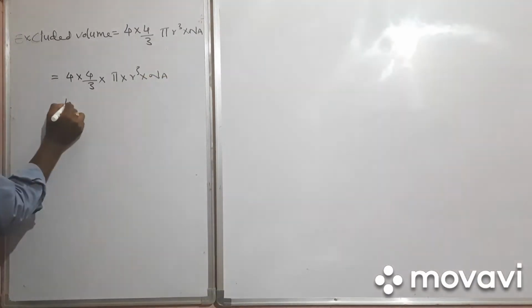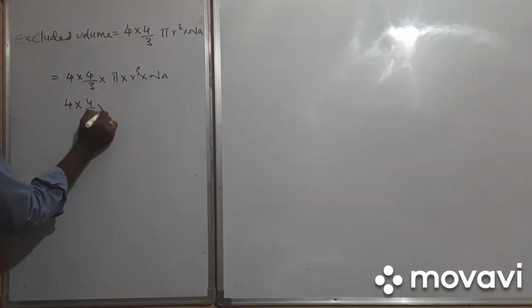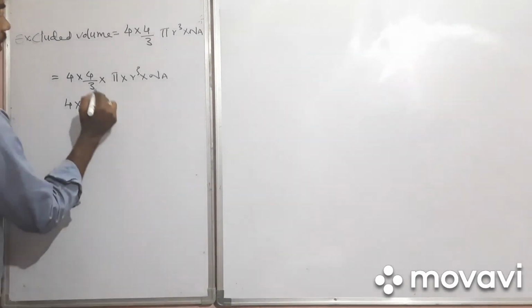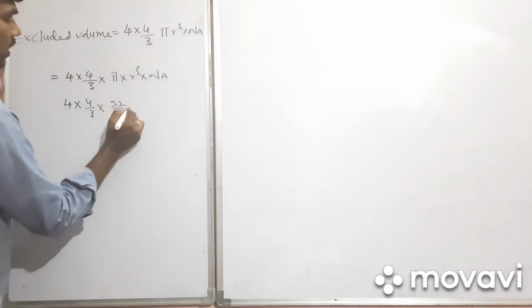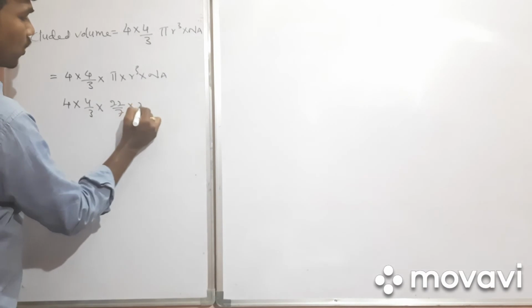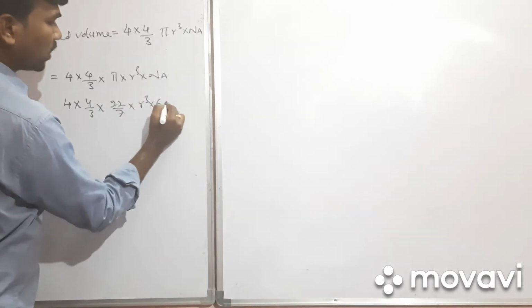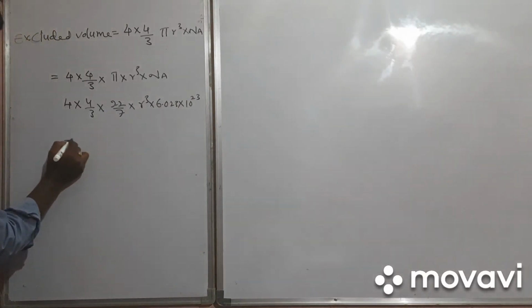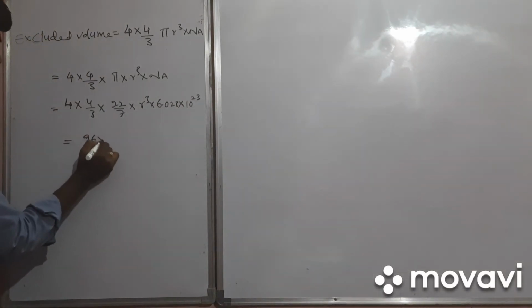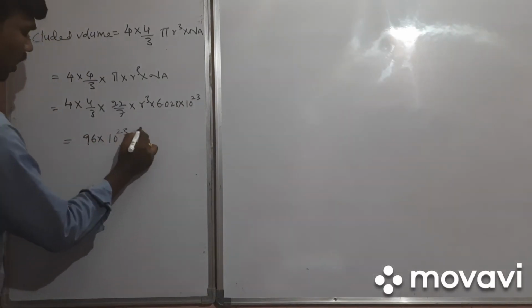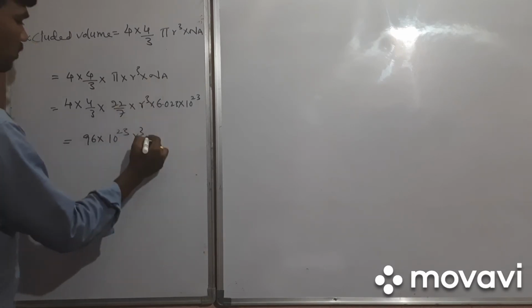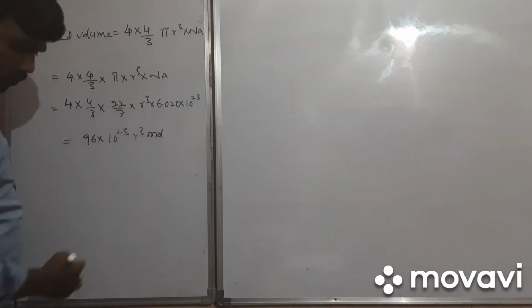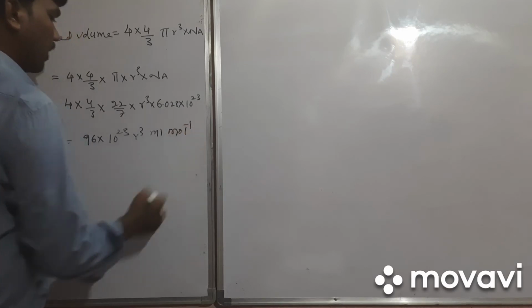Pi is 22 by 7 or 3.14, and Na is 6.023 into 10 to the power of 23. If you multiply all these, you will get 96 into 10 to the power of 23 r cube into mole to the power of minus 1.